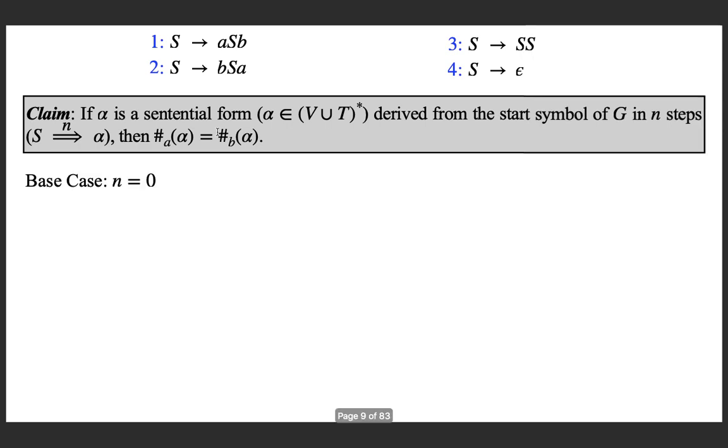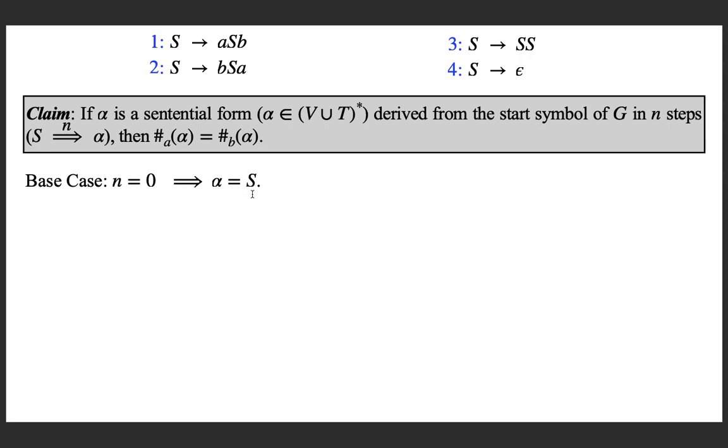So we are going to apply the principle of mathematical induction to prove soundness. First is the base case, that is the number of steps is 0, meaning you are starting with S and you are not applying any step, so what you derived is the start symbol alone.